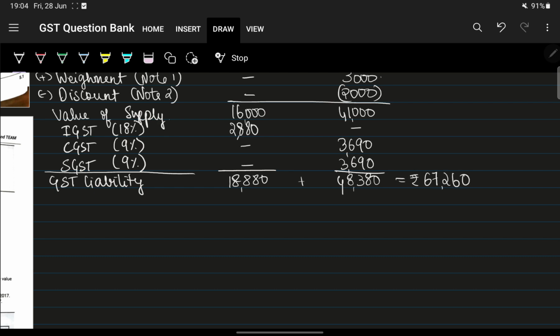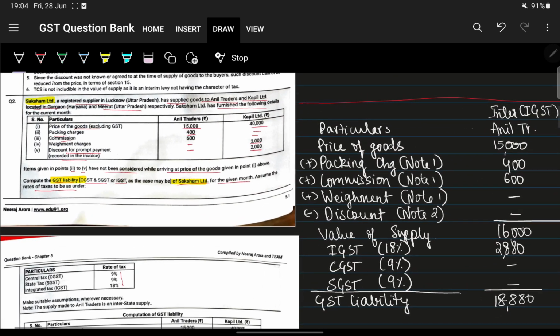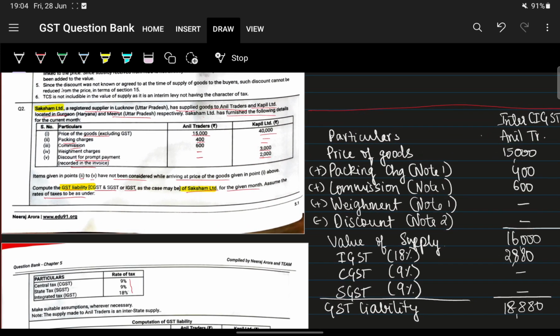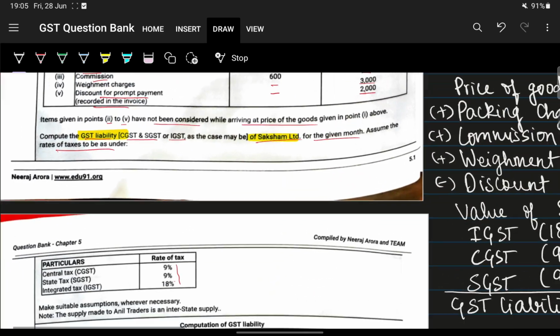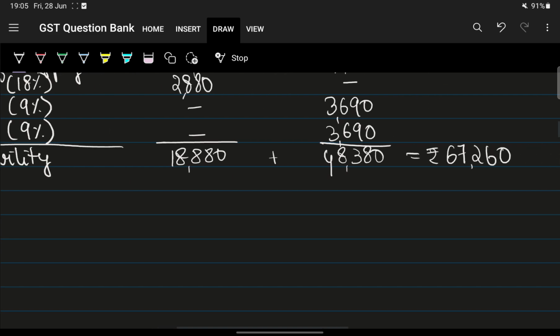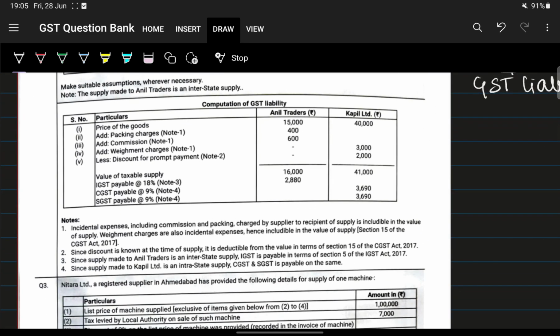So this is the GST liability of Saksham Limited for that month: 67,260. Let's see if they've also come to the same conclusion.